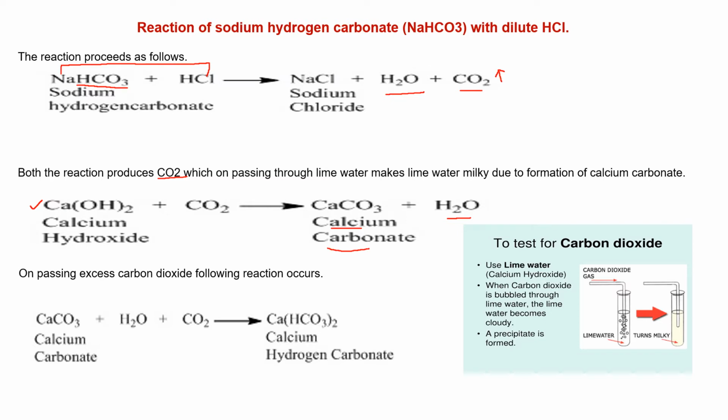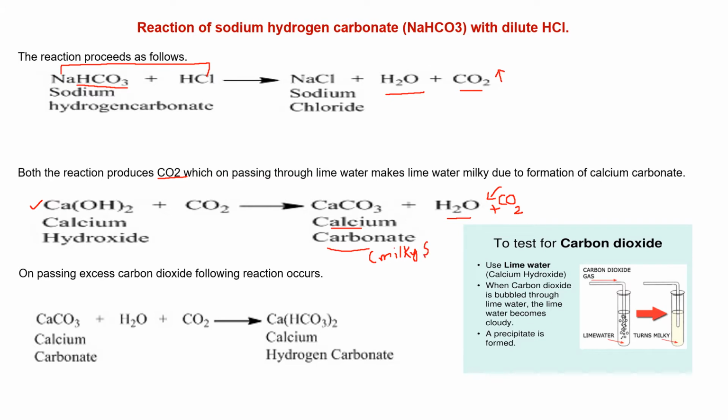What happens when an excess amount of carbon dioxide gas is passed? We have already got CaCO3 plus H2O. Again, I keep on adding carbon dioxide to it. Now what will happen? Something is definitely going to change. Calcium carbonate gives a milky solution, right?